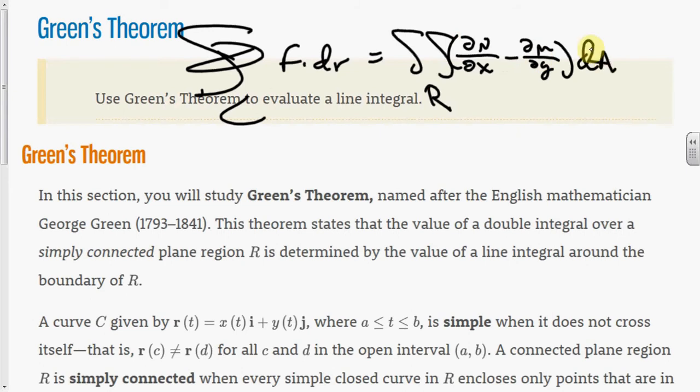I don't think I got that written right. So he's making the jump from a curve to a region.